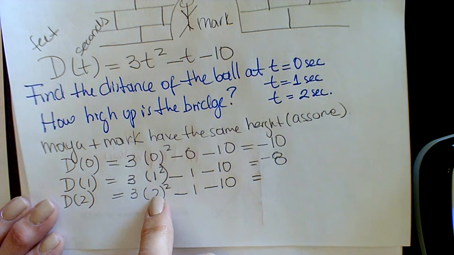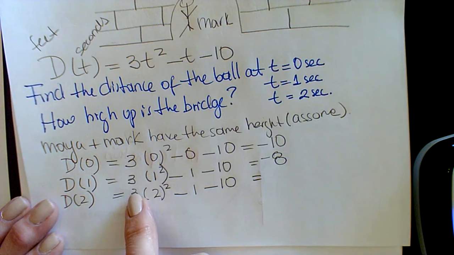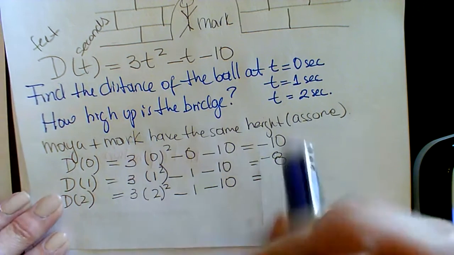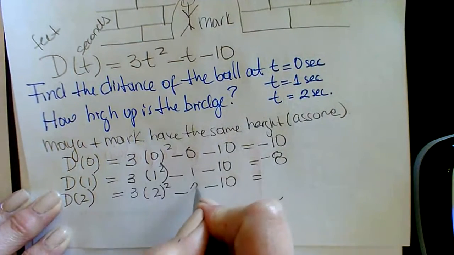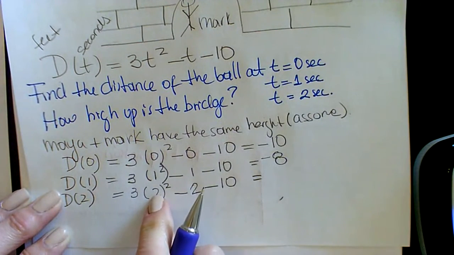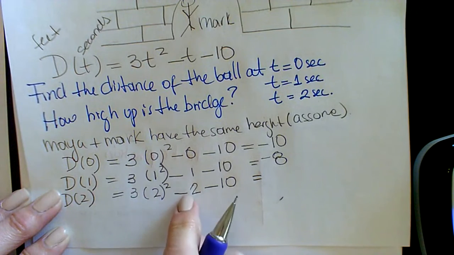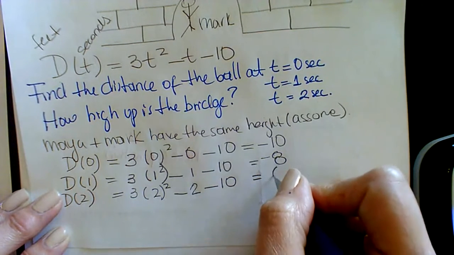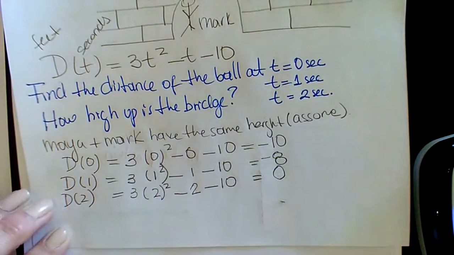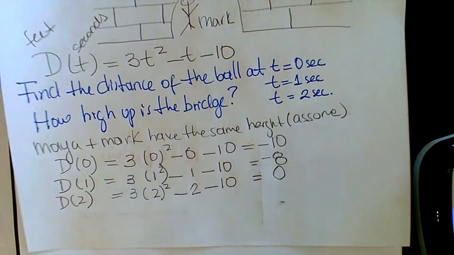Hold on. Oh, here's my mistake. I need to write down 2. So this is 4 times 3, 12. 12 minus 2 is 10. 10 minus 10 is 0. All right?